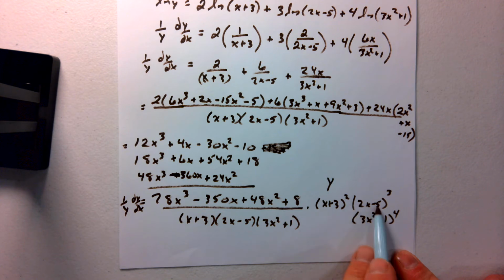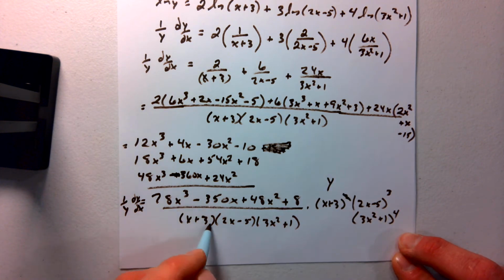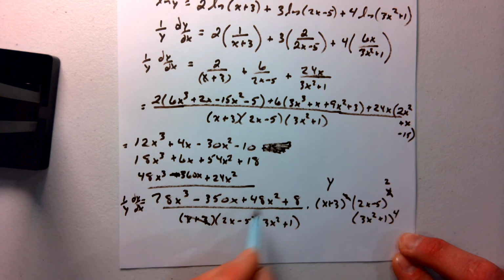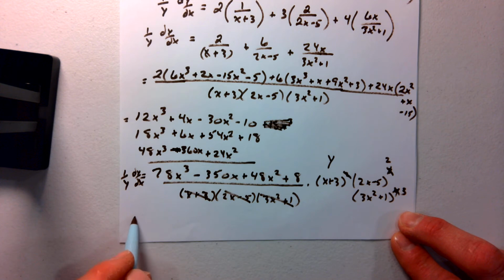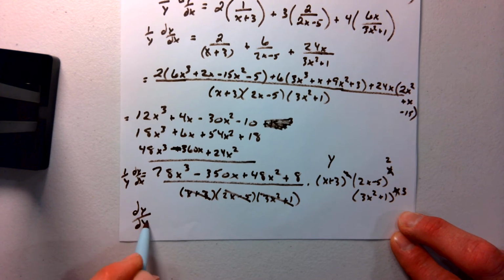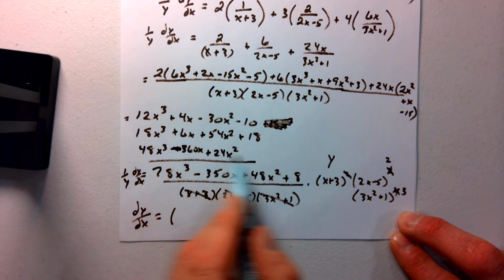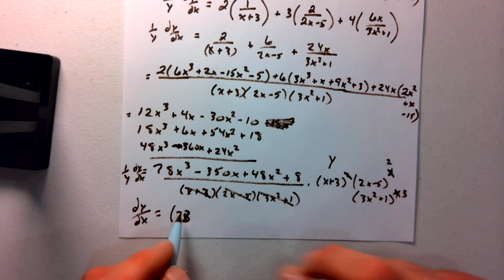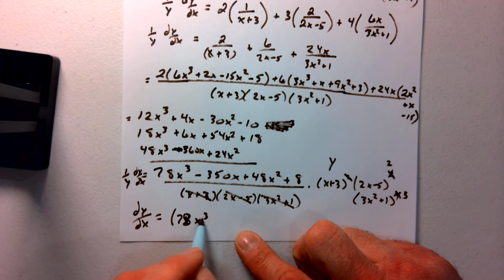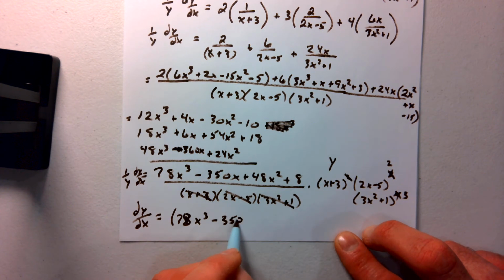Notice we have these terms down here. So we can cancel one of each of these terms. So we get a dy dx, or our f prime of x, equal to this numerator, 78x to the third, minus 350x.